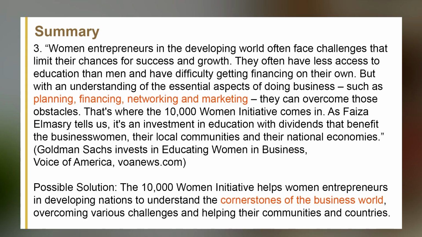So those 4 words, instead of that, the writer uses the phrase cornerstones of the business world. And a simple word like countries is substituted for national economies. So this way the summary is shorter than the original and still has all the essence of the original text.